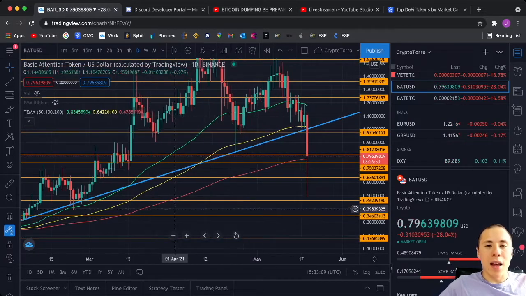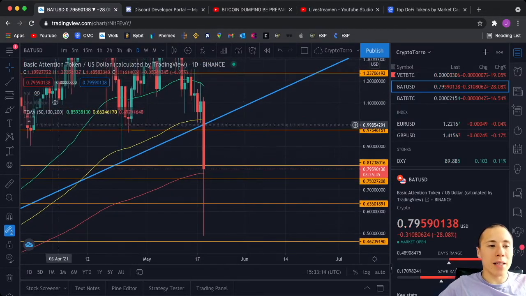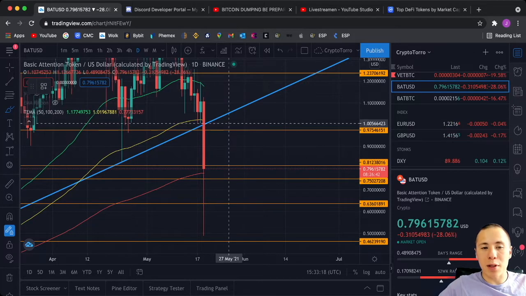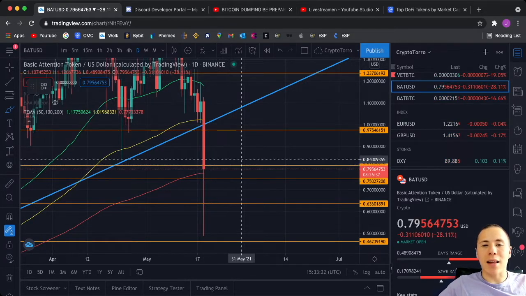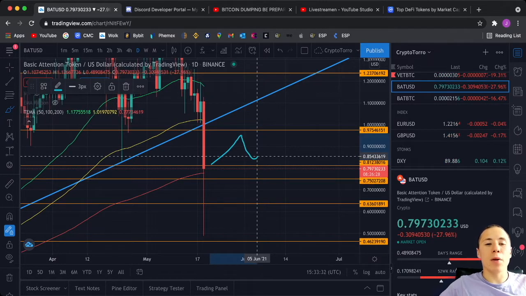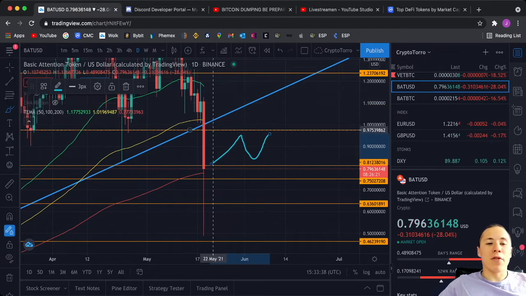And once it stays above the 200 day moving average for a while and trades maybe in between this level of support and resistance at, let's take a look, 81 cents, and in between the 81 cents and 97 cents, I personally think that we will be seeing basic attention token heading back above the 150 day moving average and finding support on top of those.